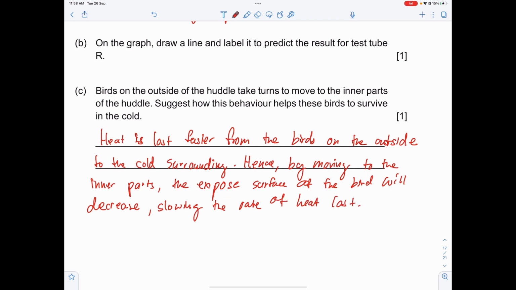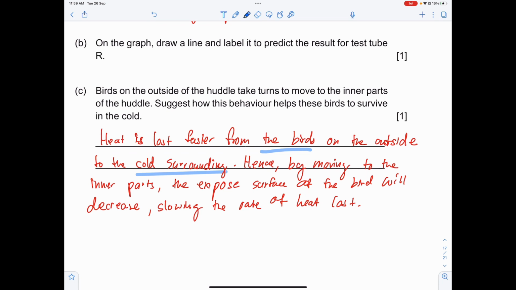In this case, you don't have to say from where to where anymore, because you have already told me from the birds to the cold surrounding. Because you have mentioned it once already, it's a good enough answer. You don't have to repeat again. So by moving inside, you decrease surface area.